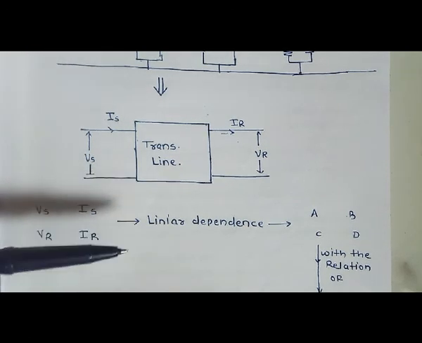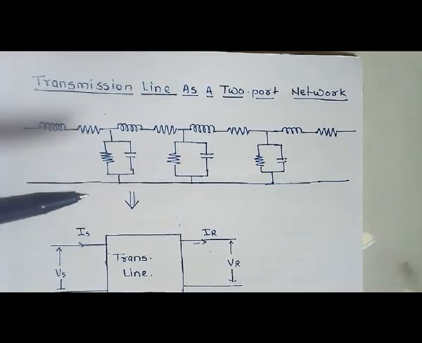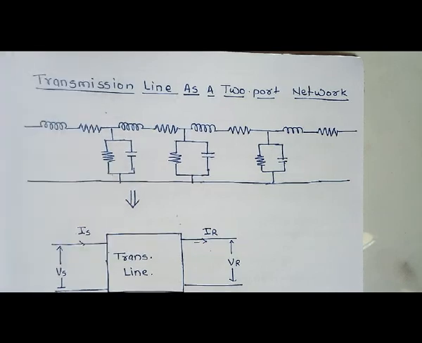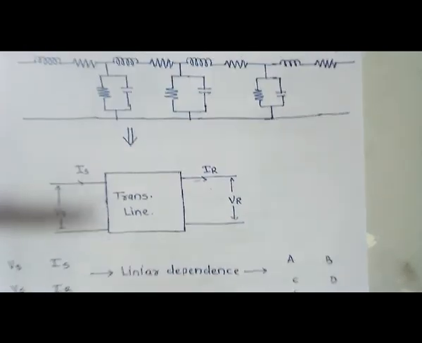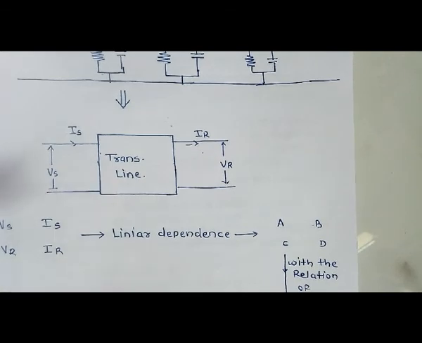Their dependence will be linear because we have only linear components between the sending end and receiving end, like inductor and resistor only. So we can develop some linear equations and express these four parameters with the help of another four parameters.